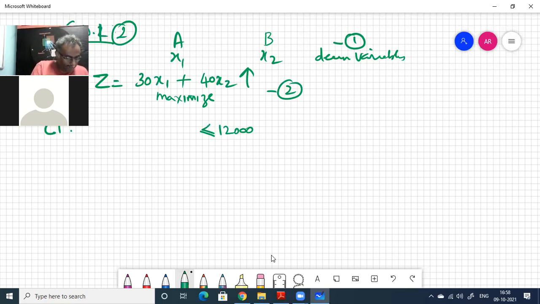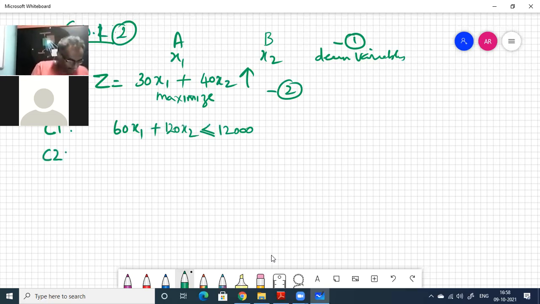For product A, raw material is 60 kg. So 60 kg for one product A into how many products? x1 products. Then 120 kg for product B, how many products? x2 products. So this is the first condition.